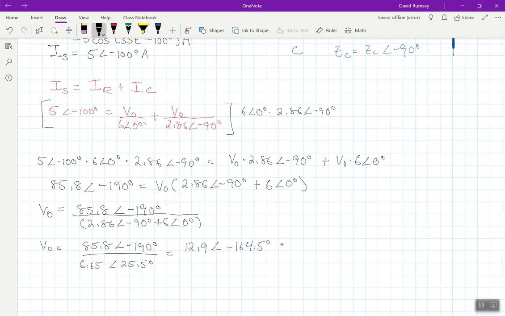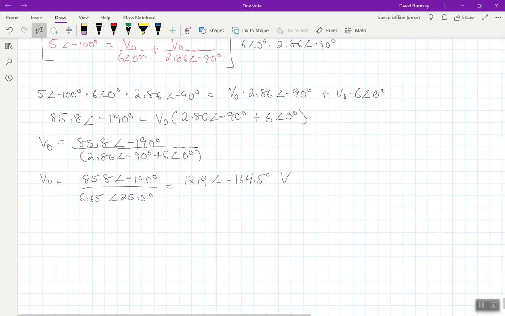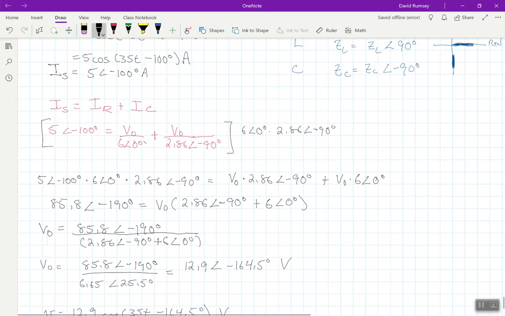And of course, these units would be volts. And so now we can write our final answer as 12.9 cosine of 35t minus 164.5 degrees volts.